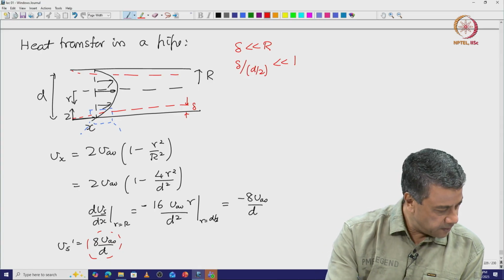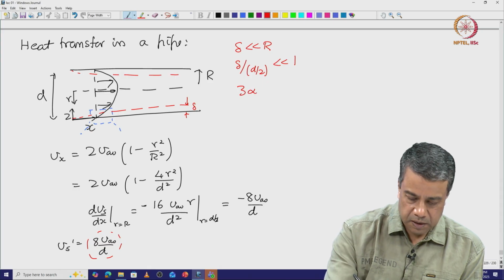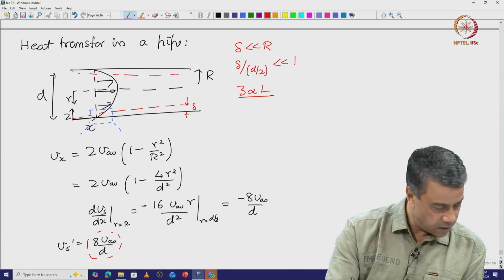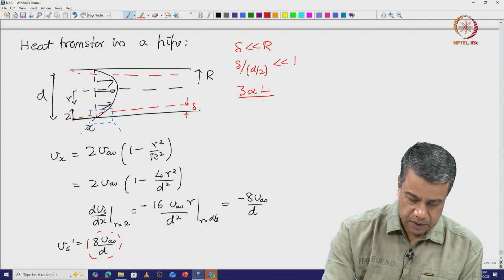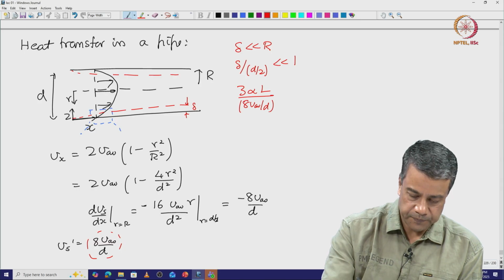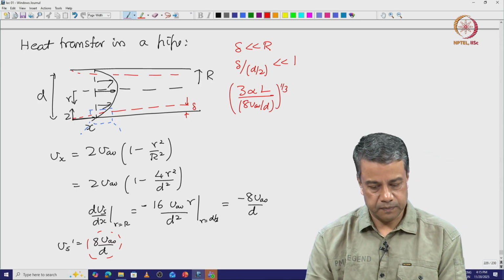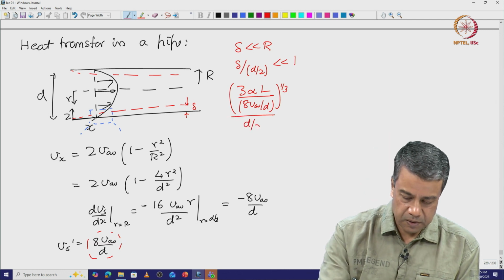Delta is given by 3 alpha L by Vs prime, and Vs prime was 8 V average by d, whole power 1/3, divided by d by 2.